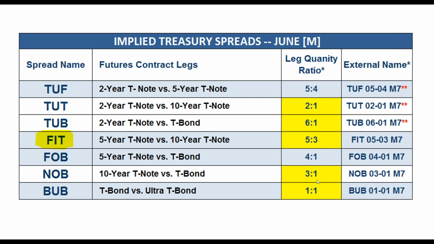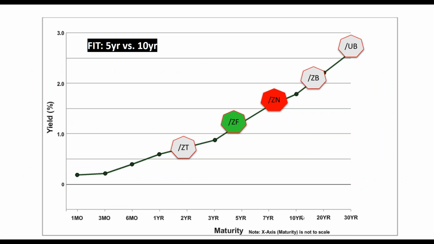That's the relationship. Okay? And then when we're trading the yield curve, we look at all these different spreads. And so right now, we're going to go into an example of the 5-year note against the 10-year, and that spread is called the fight. Okay?